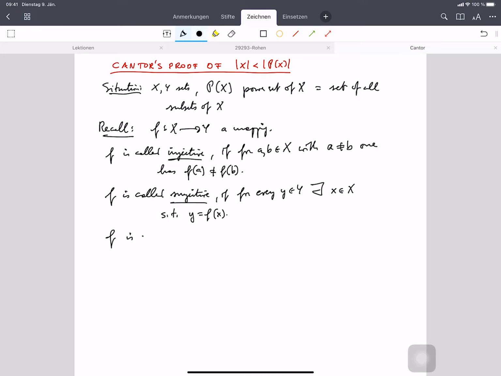f is called bijective if it is both injective and surjective. Most of you know these notations well.